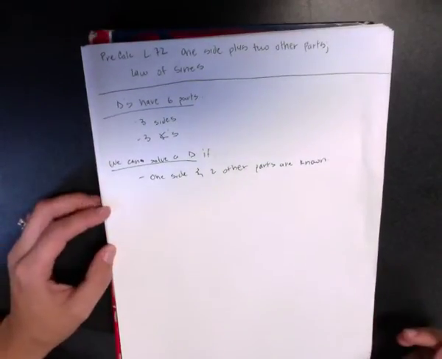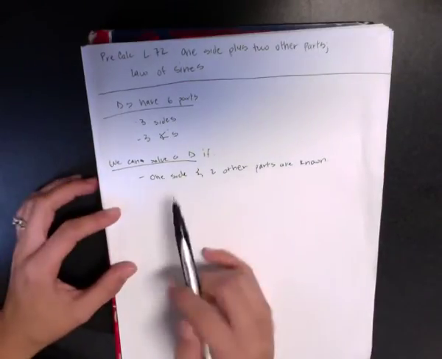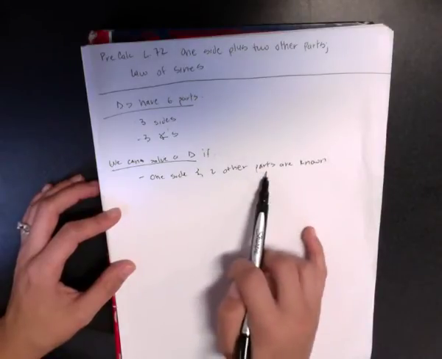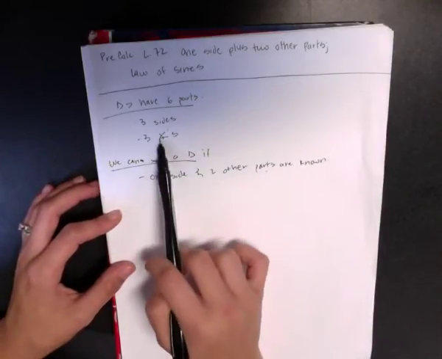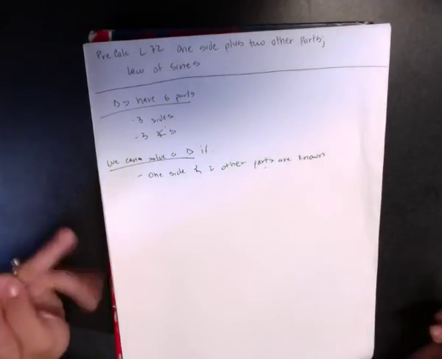Okay? So if we know one side and 2 other parts, they could be another angle, another side, right? Those could be the 2 other parts.